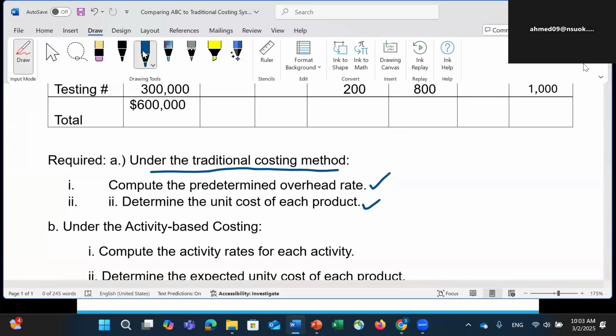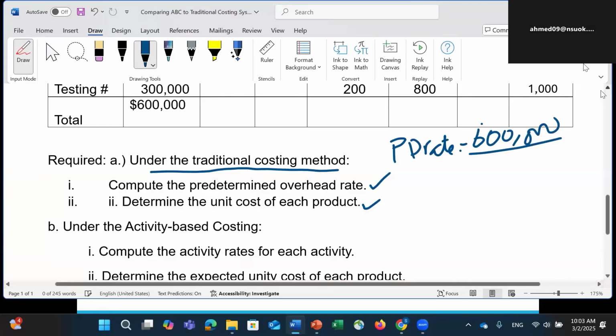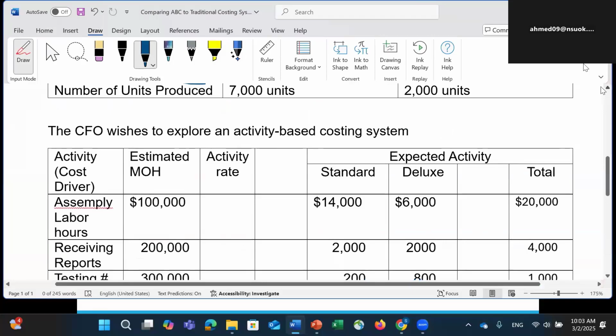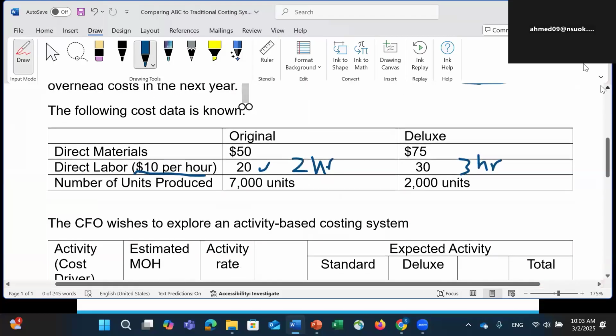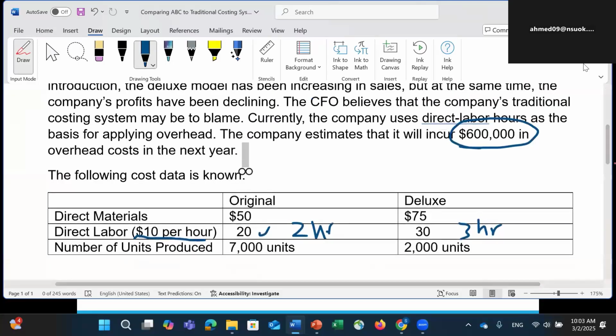So if we calculate right now the predetermined rate, the total manufacturing overhead is given to us, 600,000, divided by total labor hours.